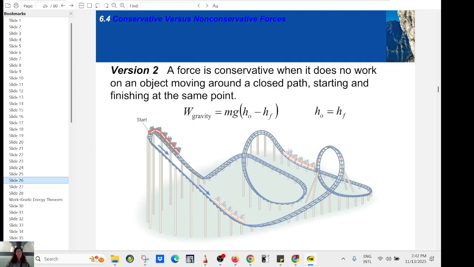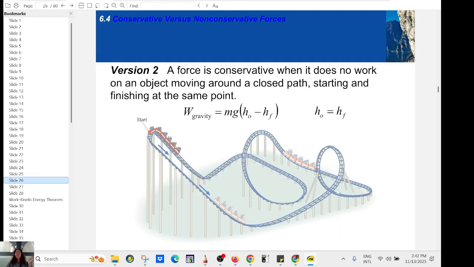But if you find the work done by gravity, it doesn't matter. It's the final position minus the initial position. Agree? So what is the work done by gravity in that case? 0, very good. But the work done by friction is not 0 because it keeps rubbing and rubbing, so you keep losing heat.